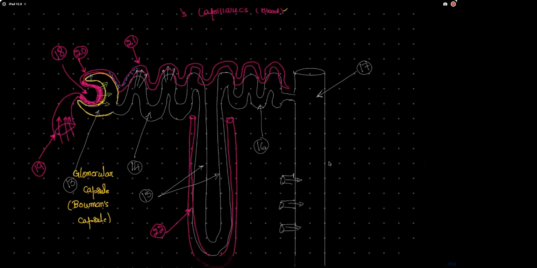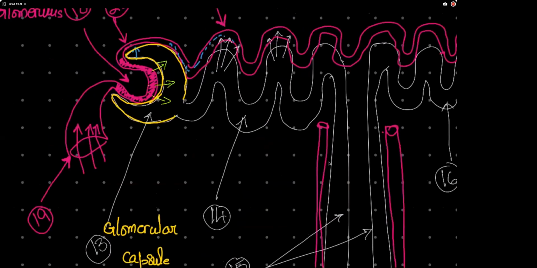So if I'm saying glomerulus, those are blood vessels kept inside the tube, inside this cup-shaped tube. The cup-shaped tube is glomerular capsule or the Bowman's capsule. But the glomerulus is the tuft of capillaries located inside that runs parallel to the capsule.